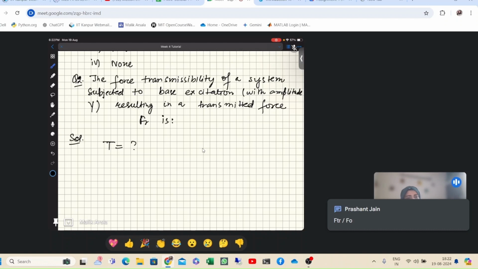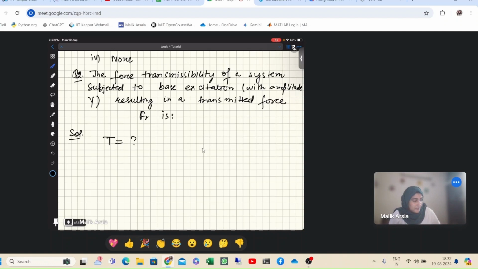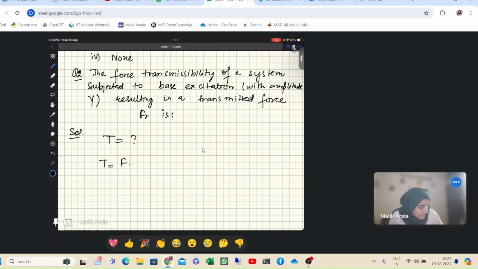Yeah, FTR by F naught, but here F naught is not given, Prashant, so we will have to put the value of F naught. Let me show this once. Basically, transmissibility is equal to FTR upon F naught, right?